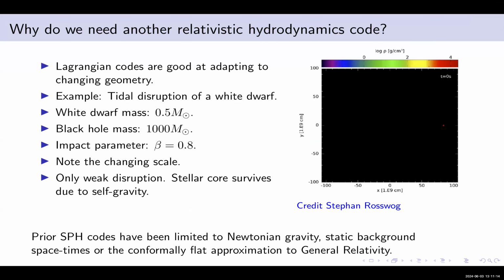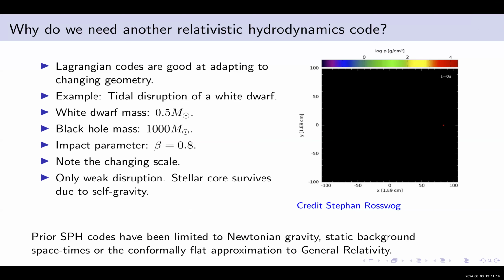So you have the white dwarf coming in, getting tidally disrupted, but there's a core surviving here. You can see the scales are changing as the matter is moving in the background space-time.